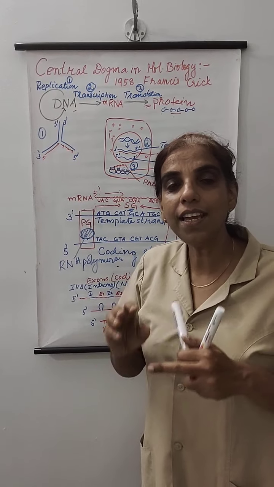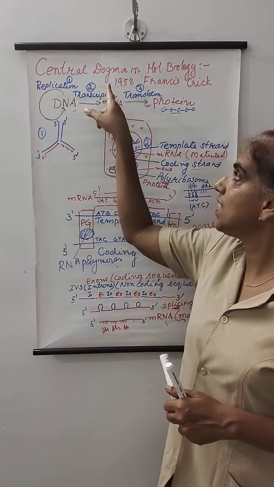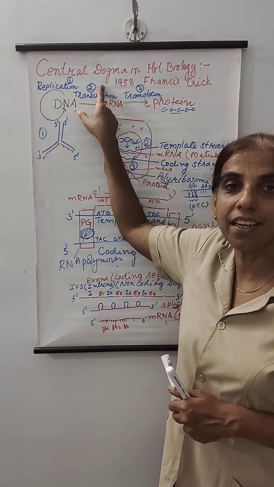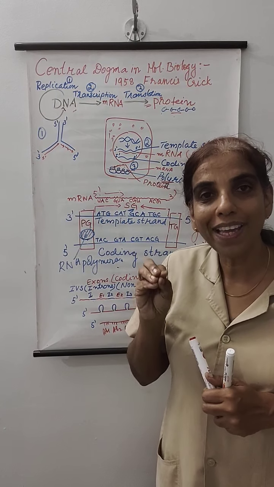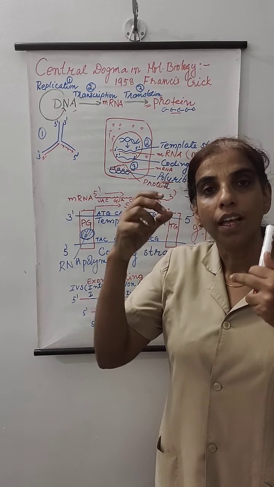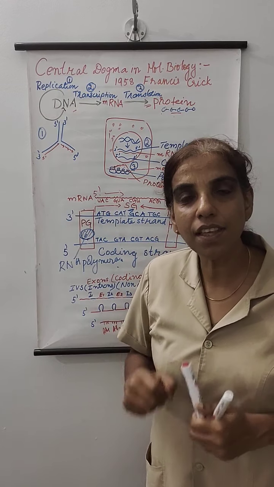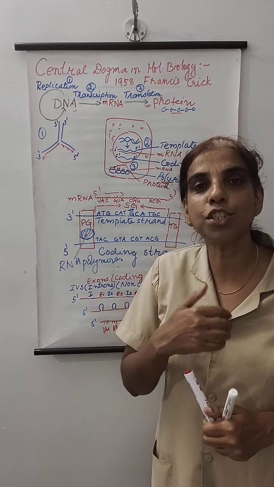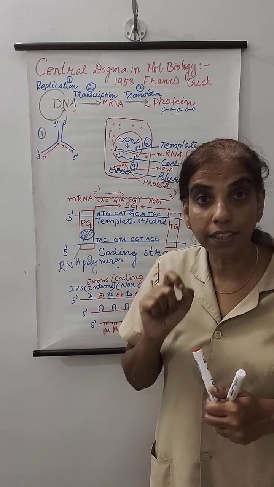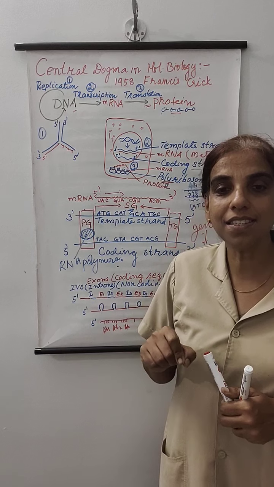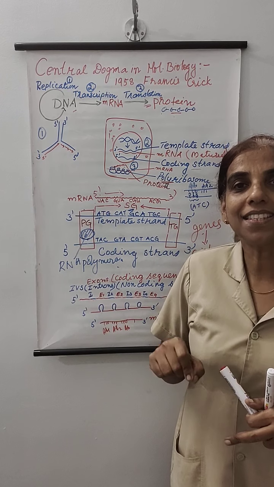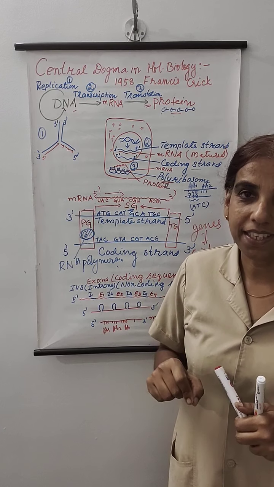Children, these three major events illustrated by the central dogma are the major events by which the whole genotypic as well as phenotypic characters are expressed in our body under the control of DNA. That is why we call DNA the genetic material.